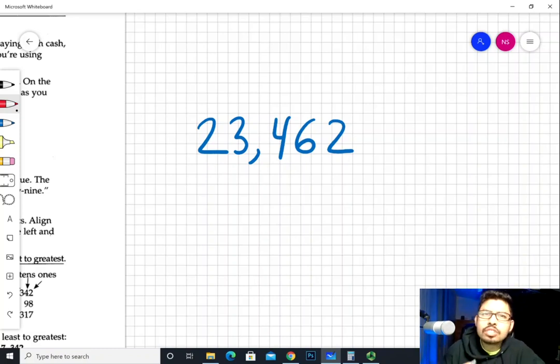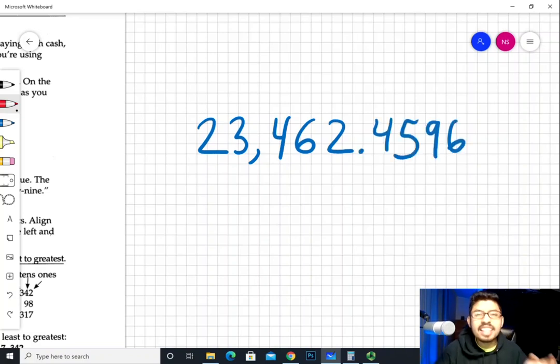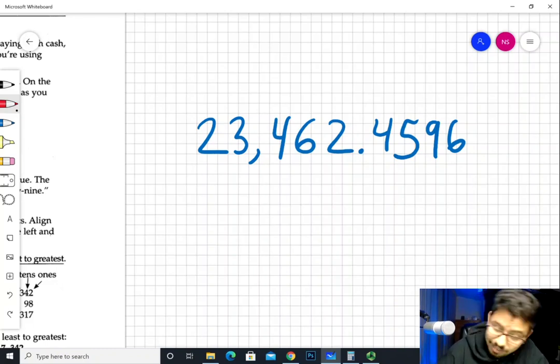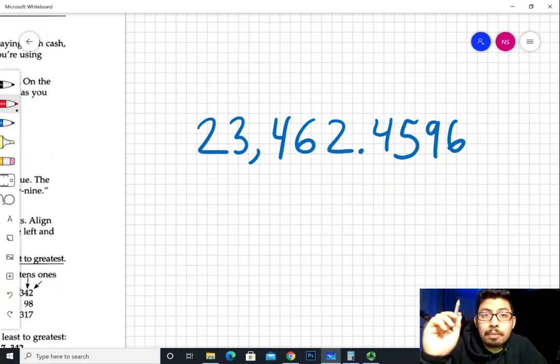That's kind of important to know in case you're given a question later on that I might give you an example of. But in this example, we're going to actually see the decimal point and the decimal numbers. So you need to memorize the place values.